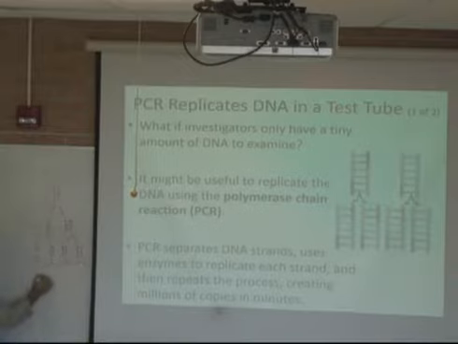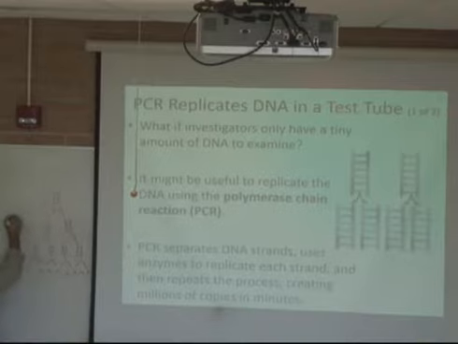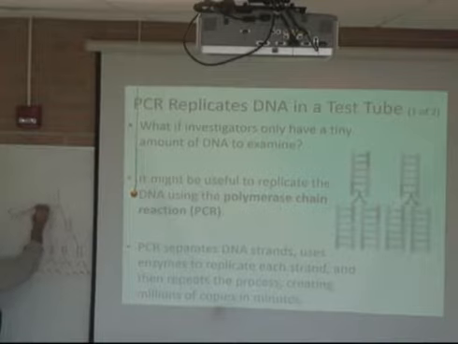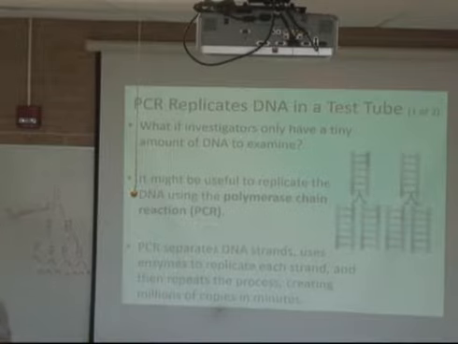So this becomes double, this becomes double, double, double. So it is called an exponential increase. Each next stage is twice the number of DNA than the previous one. And it was all found out through studying the natural DNA replication process.